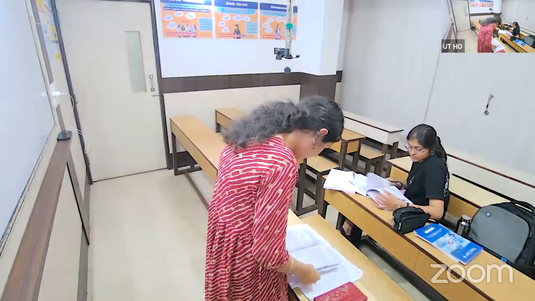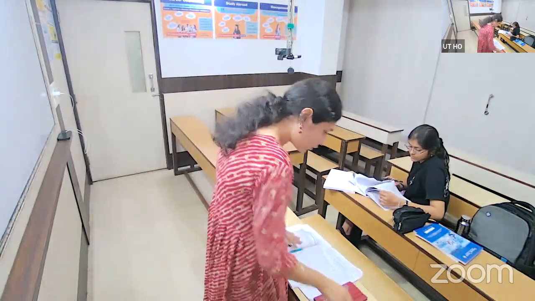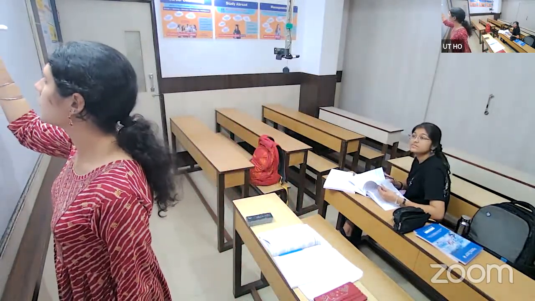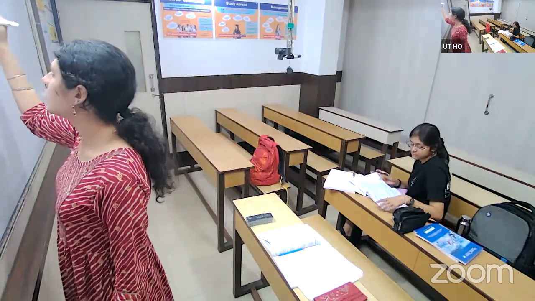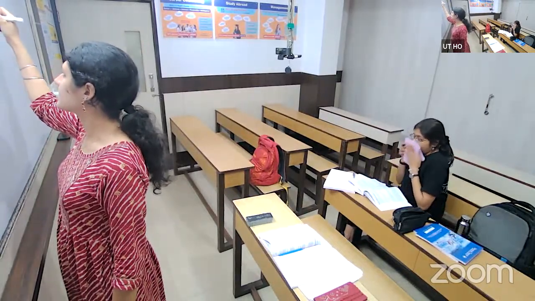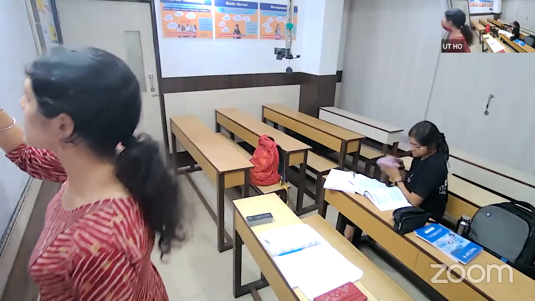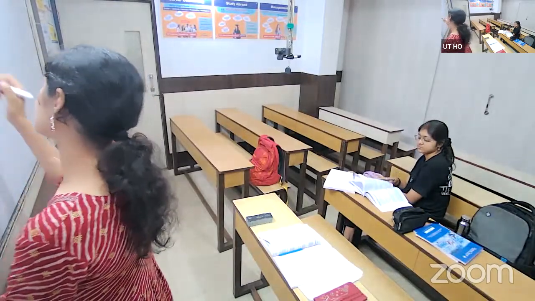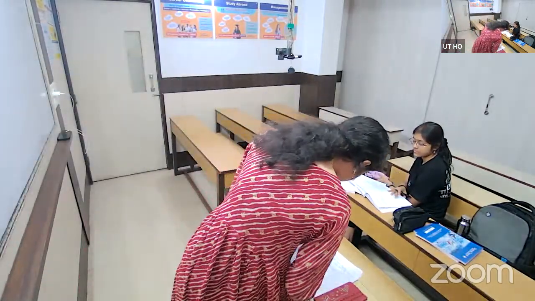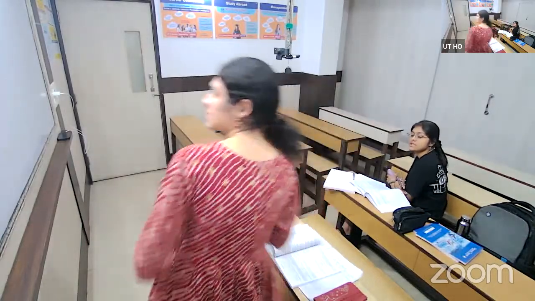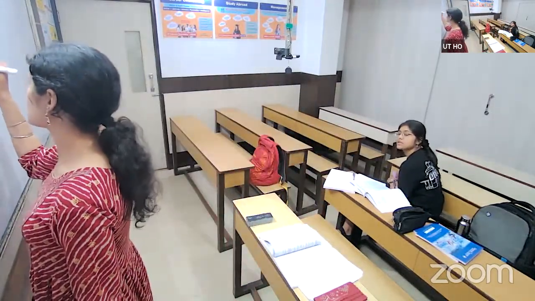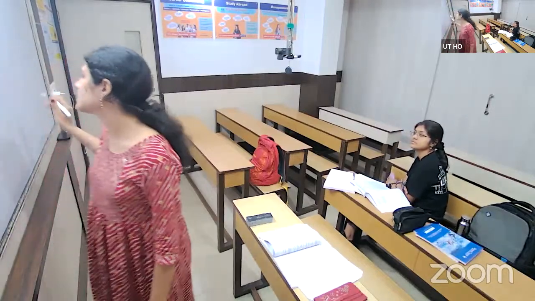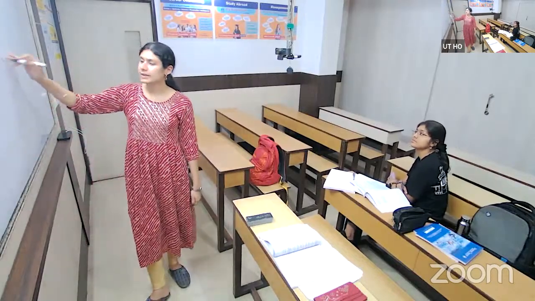Session 5 is words in context. As I told you, words in context is purely based upon your vocabulary skills. This is the 5th topic, and the 6th topic is text structure and purpose. This is basically divided into two.